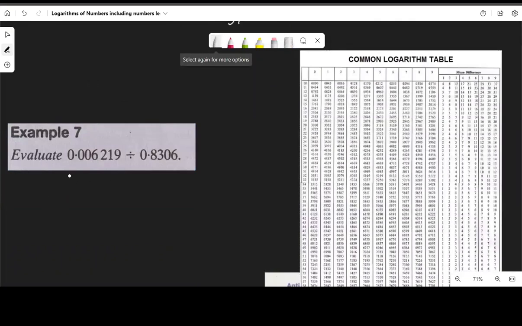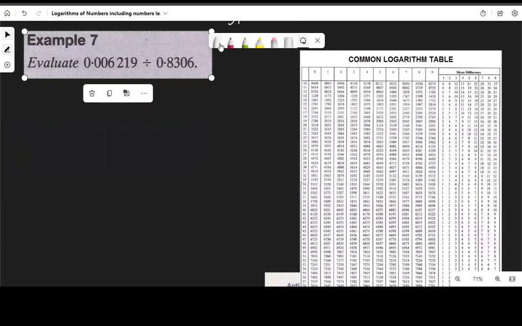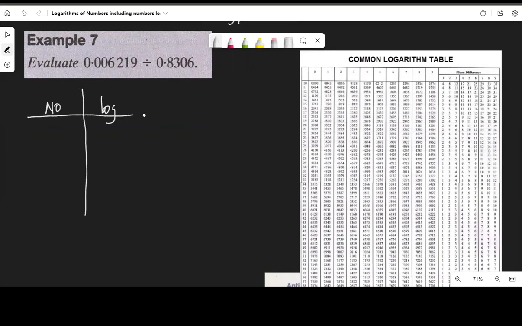So for the second one, as usual, we'll set the table: a number, and logarithm. The number is 0.006219.